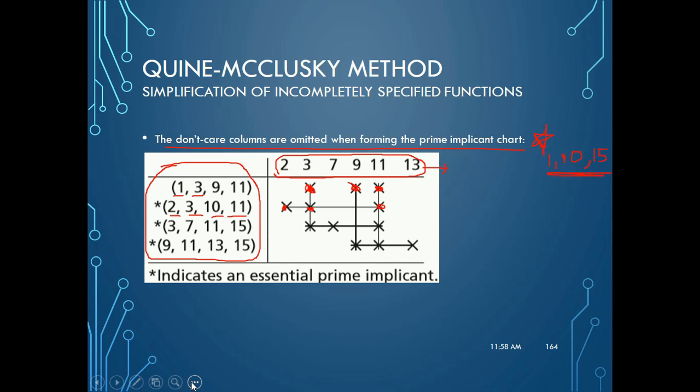And 11 you have, that you have to tick mark. And 3, 7, 11, 15, that is 3, 7, 11 and 15. 15 is the don't care condition, don't mark it. 9 has to be marked, then 11, 13, 15 you have. 15 is a don't care condition, so don't include that.